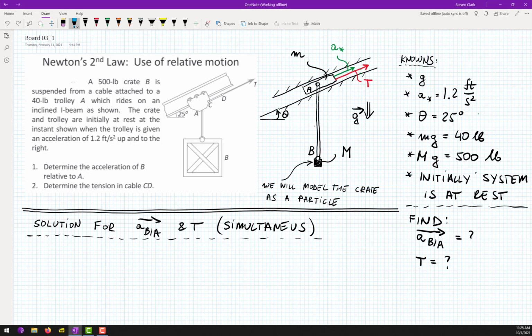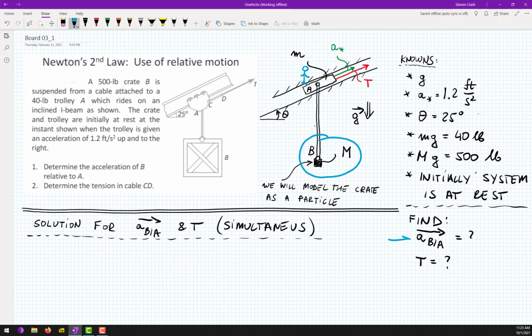And what else? Aha, so they ask us to find acceleration relative. If you are this blue person and you sit on the trolley and travel with the trolley, they ask us to tell them what relative acceleration you will see when you look at the crate.